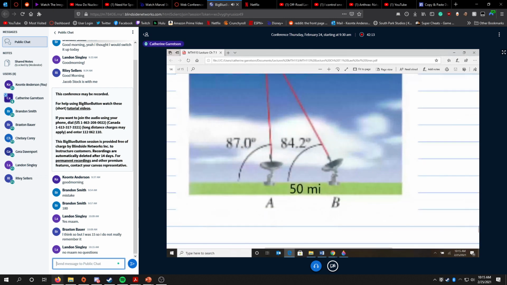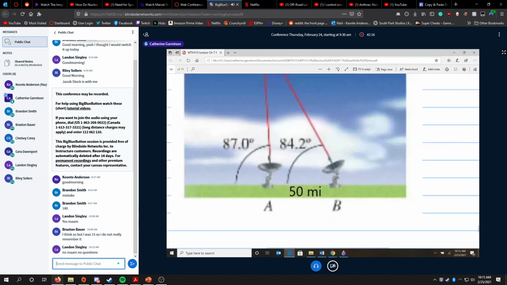The information given is one angle on the inside, but the other angle is on the exterior of the triangle. So I'm going to need to figure out the angle on the other side of this line that's within the triangle.